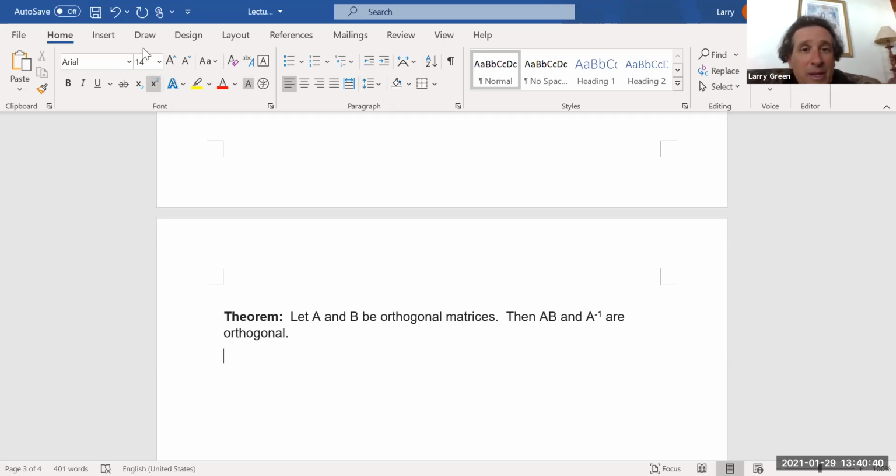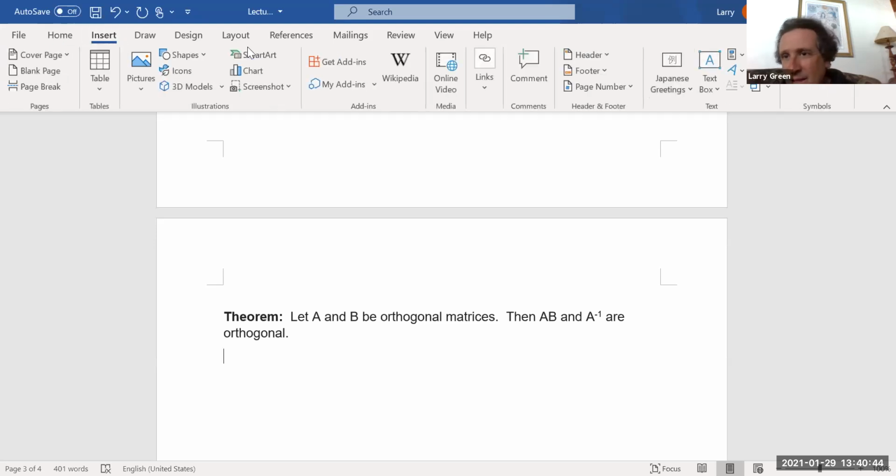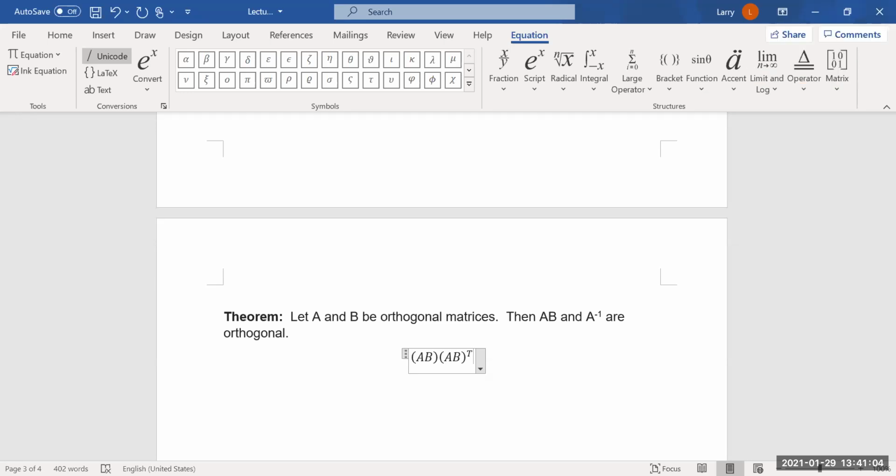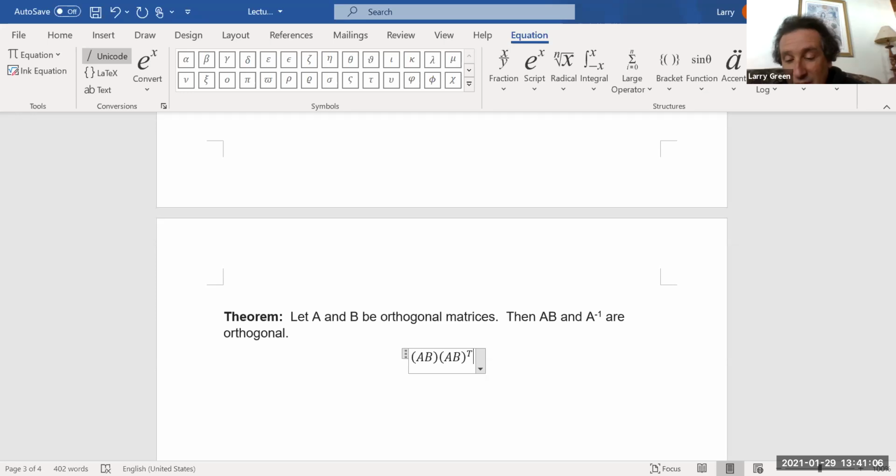Maybe I'll do the first one because it's easy, and so is the next one. Any guess? You just go to the definition. You say, well, what is AB times AB transpose? And what are we hoping it is? I. Yep.